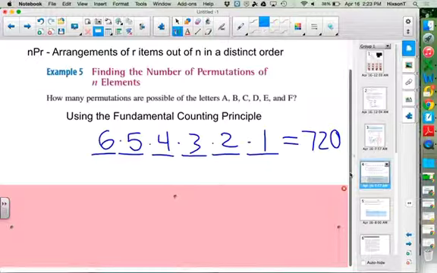Just for a little extra part here, before we move on, what if I wanted to precede this with a number from 0 to 9? How many options would that have? 10. So that'd be 7,200. Notice how just adding 1 digit can really make the number a lot higher.